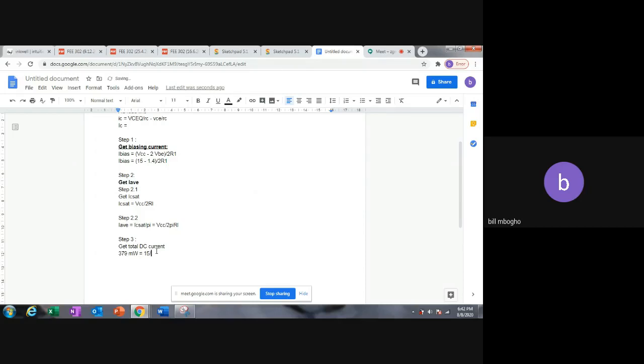15 over 2 pi RL plus 13.6 over 2 R1. Okay, and this is the first equation, sorry.